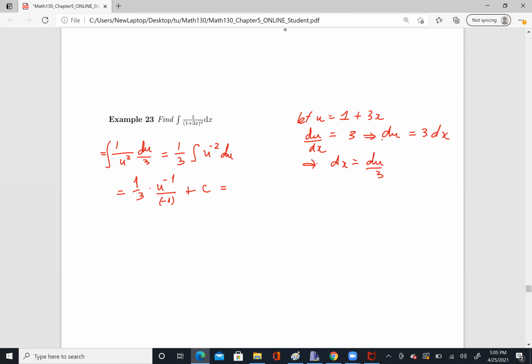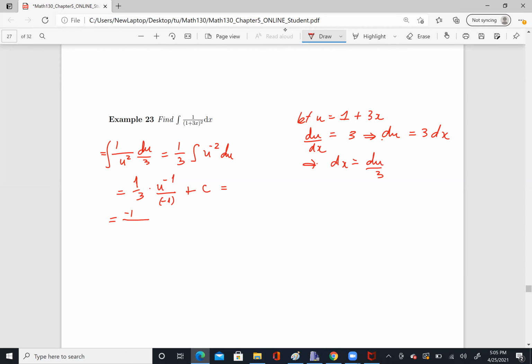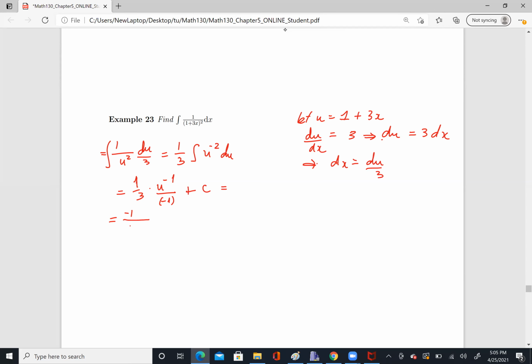And if I want to simplify it, I have negative 1 over 3u plus c.